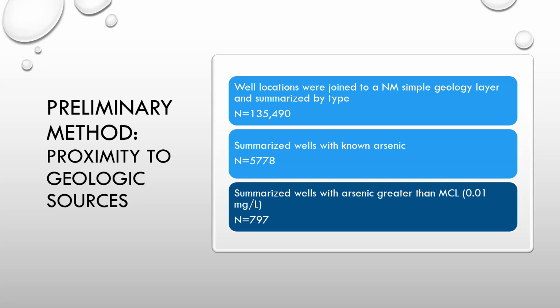Well locations were joined to a simple geology layer and summarized, and then I specifically looked at wells where we know anything about the arsenic. So any well that had detected arsenic in our inventory, and also summarized wells that had arsenic above the MCL.